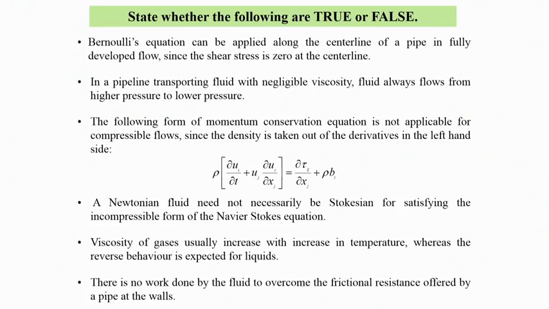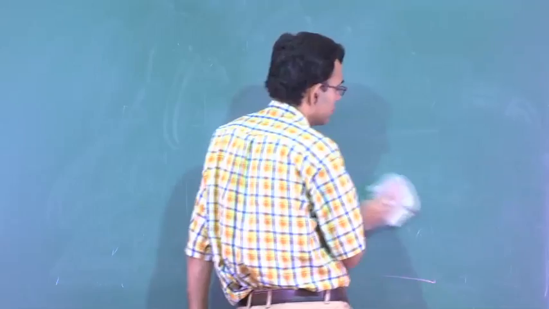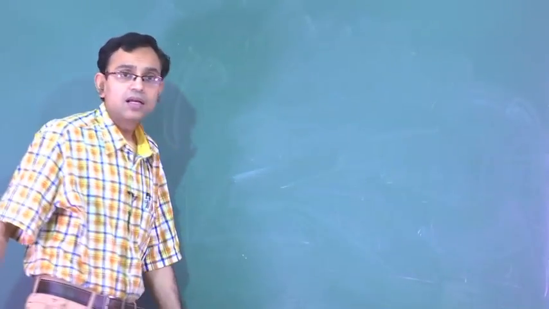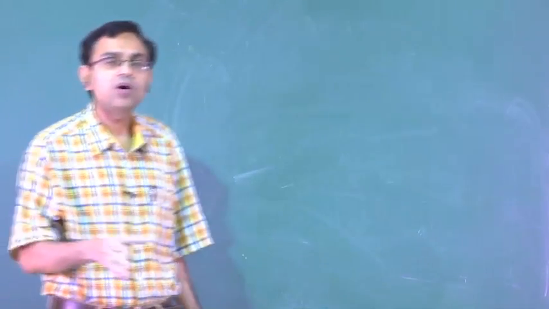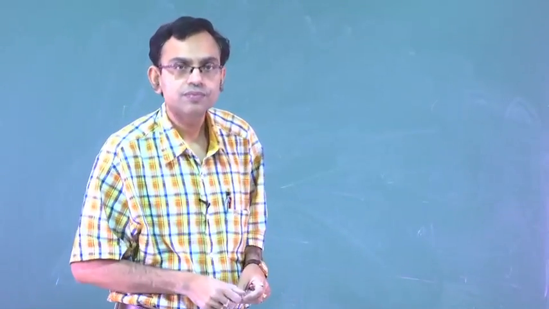Next question: in a pipeline transporting fluid with negligible viscosity, fluid always flows from higher pressure to lower pressure. Okay. So, this is a very common idea that we have, that fluid will always flow from high pressure to low pressure.